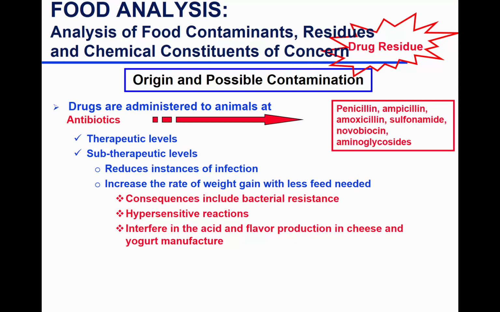So you don't want them anyway in your milk or in the meat because some people are allergic to antibiotics. Another reason why they shouldn't be in milk, for example, because presence of antibiotics will interfere in the fermentation basically, and then formation of acid and flavor during aging of cheese.